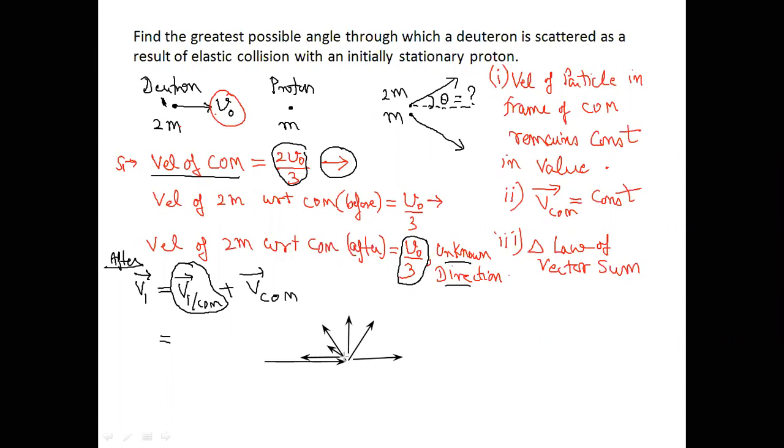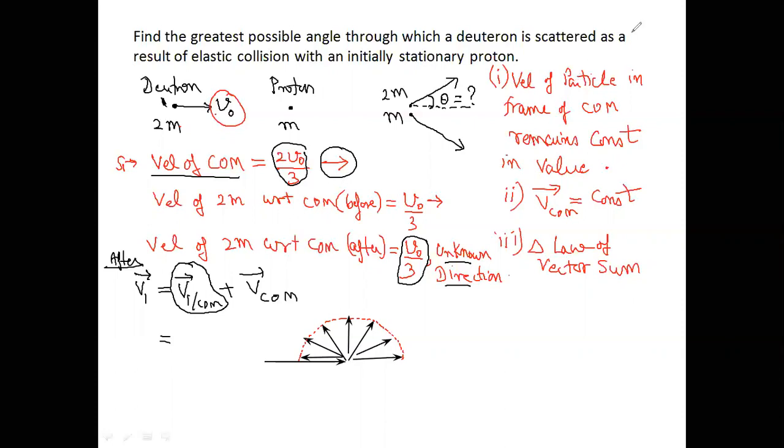But if you draw the locus of the tip of the vector over all possible directions, it must be a semicircle, because this vector has a magnitude of v0 by 3 in all possible directions. Only its direction part is unknown.